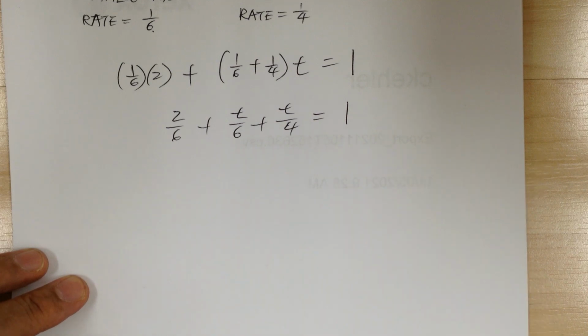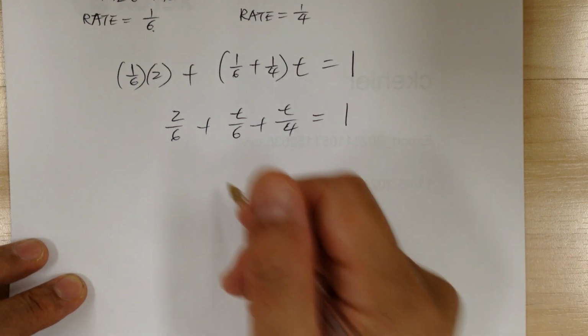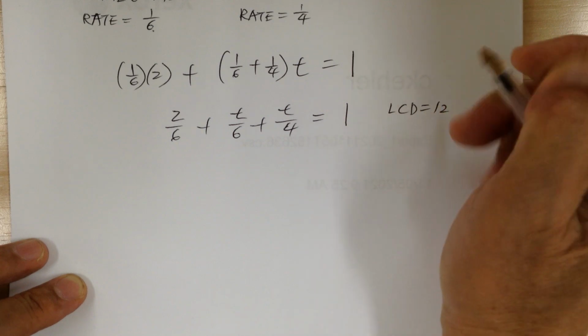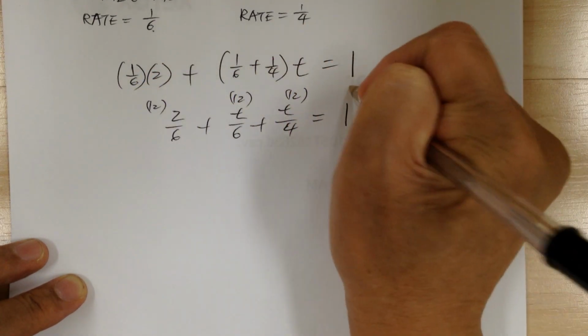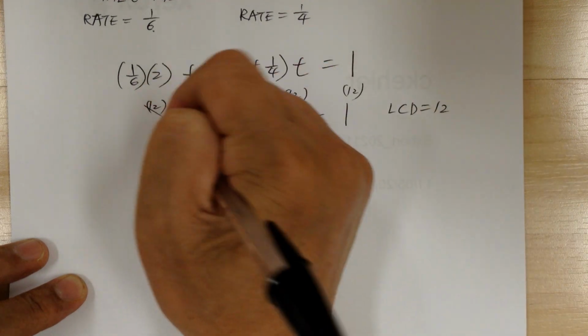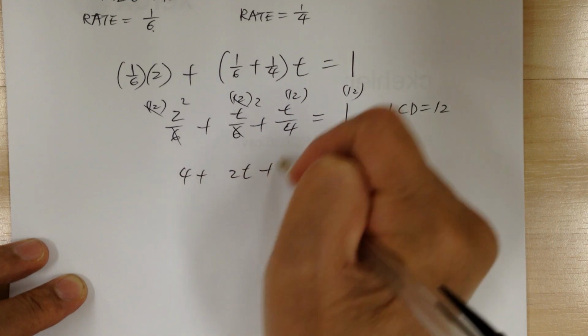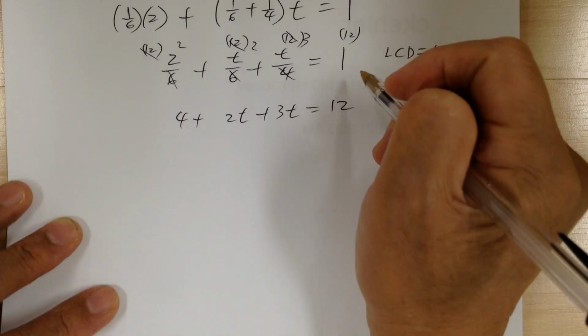So next step is I'm going to multiply by the LCD to get rid of the fractions. Okay, so the LCD of 4 and 6 is 12. So I'm going to multiply everything by 12. So I cancel, I get 4, cancel, I get 2t, cancel, I get 3t. This one does not cancel, it'll be 12.